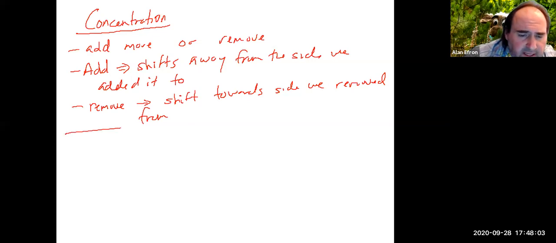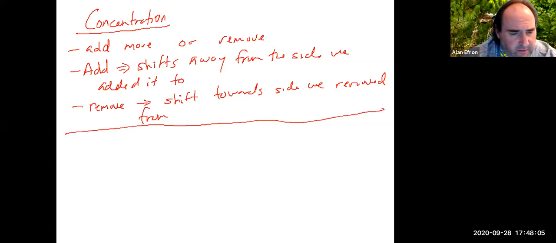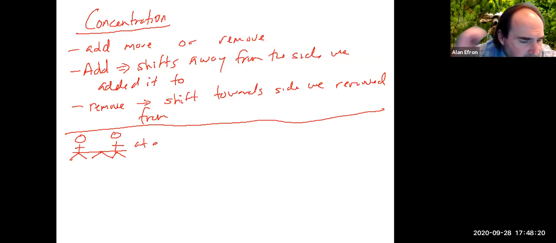So just to sort of visualize this, let me try a little award-winning stick figures here. So let's say we had a system that is at equilibrium. And we'll say the left-hand guy is our reactant, right-hand guy is our product.